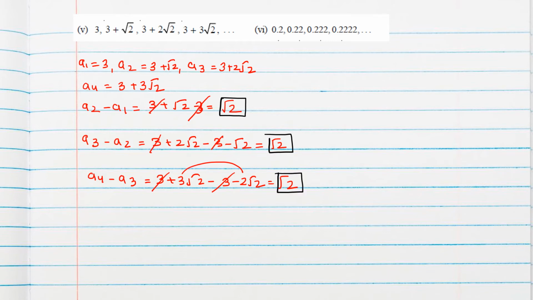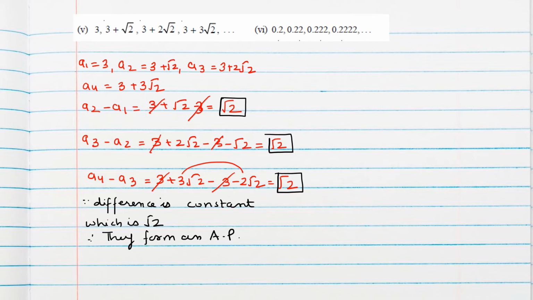So we can write, since difference is constant, which is root 2, therefore they form an AP. Now if they form an AP, next three terms we should find.